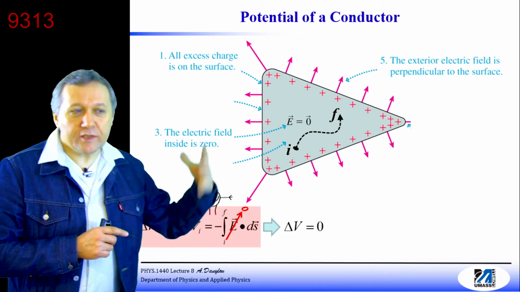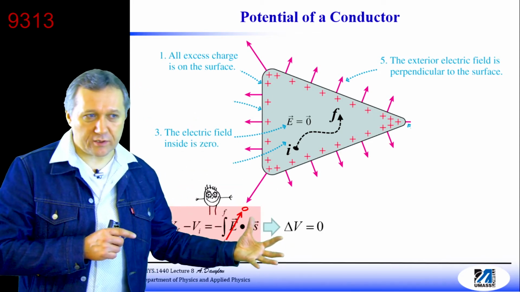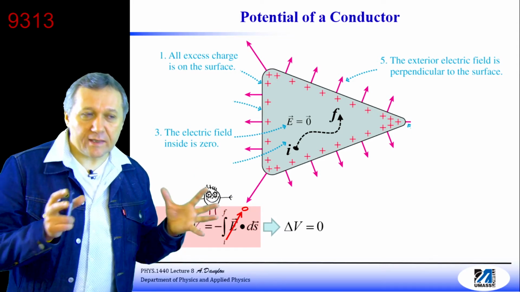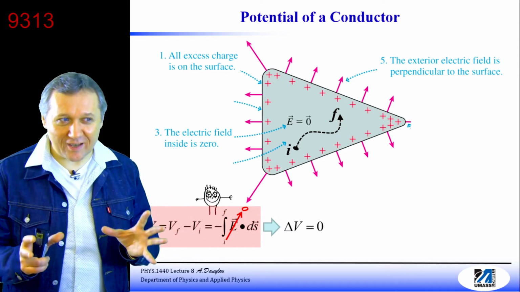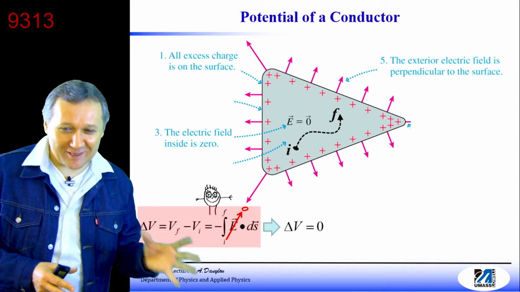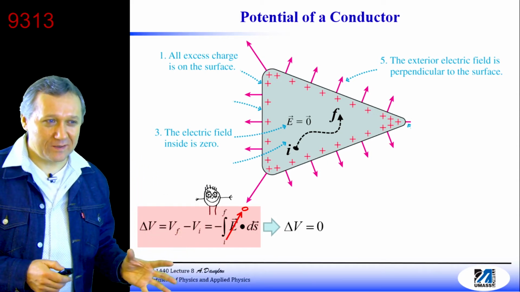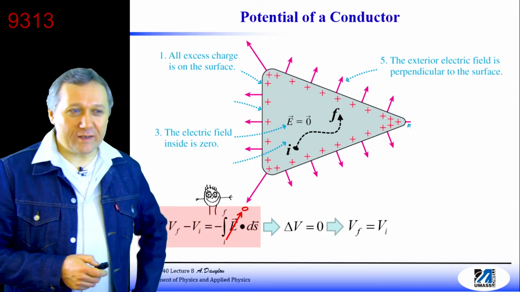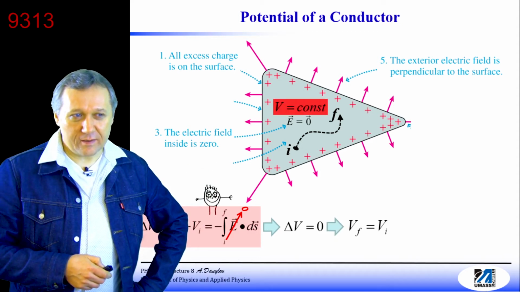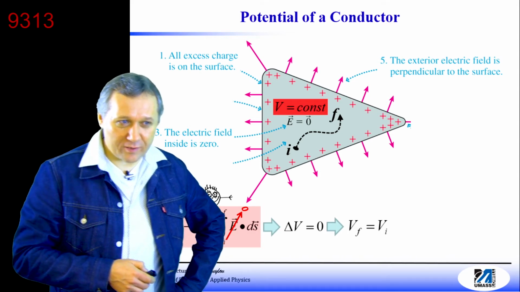Electric potential 0, yeah, it's possible, but under certain conditions, it's a special case. The general statement is that electric potential inside of the conductor is constant in the electrostatic equilibrium.